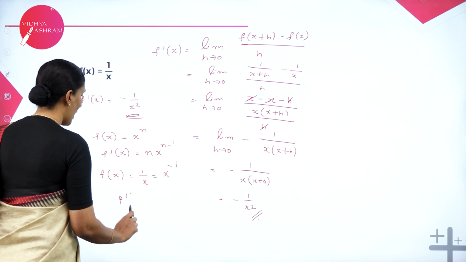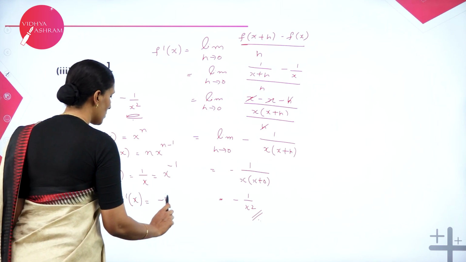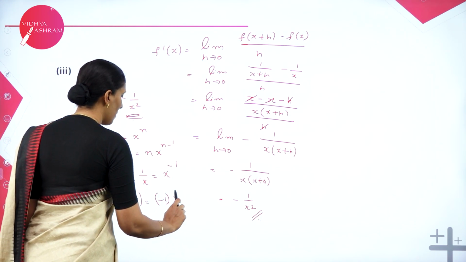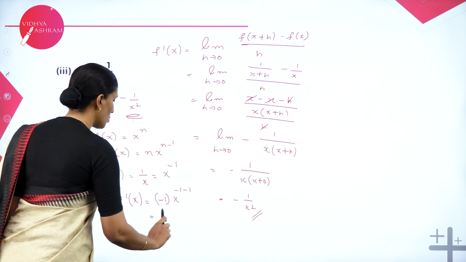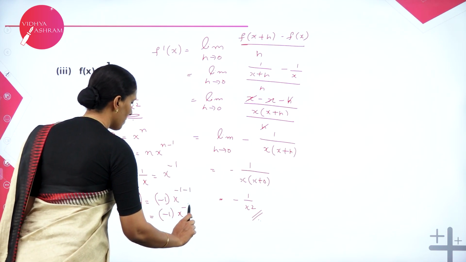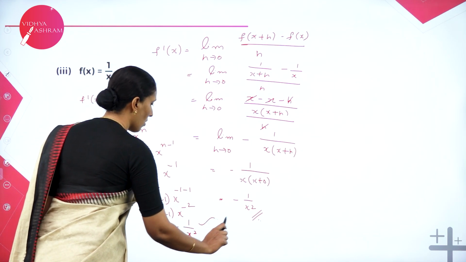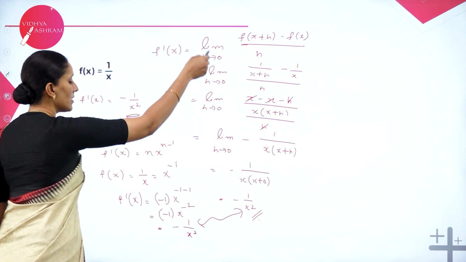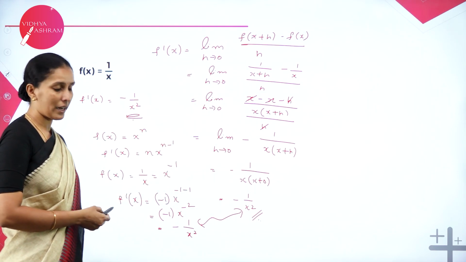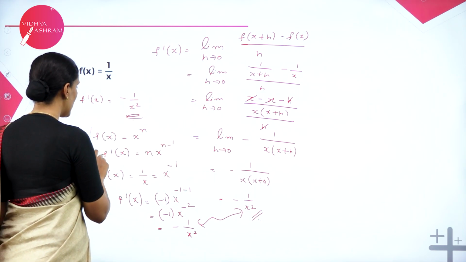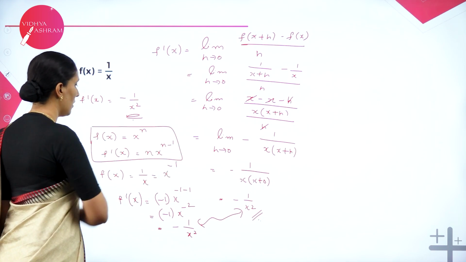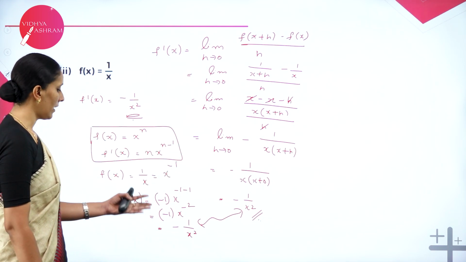Therefore f dash of x becomes minus 1 into x to the power minus 1 minus 1, which is minus 1 into x to the power minus 2, which can be written as minus 1 by x square. See, these are equivalent. This is with the help of first principle, and this is using the standard formula to find the derivative.